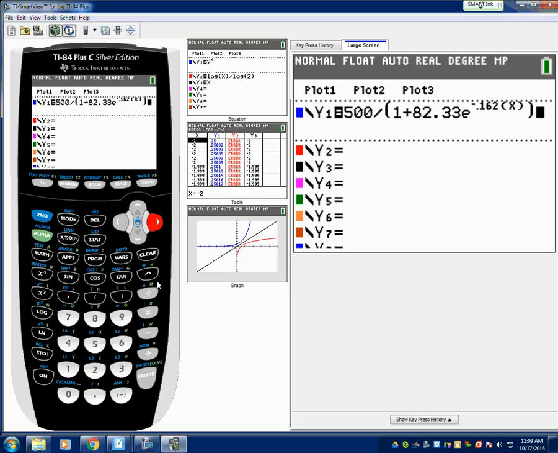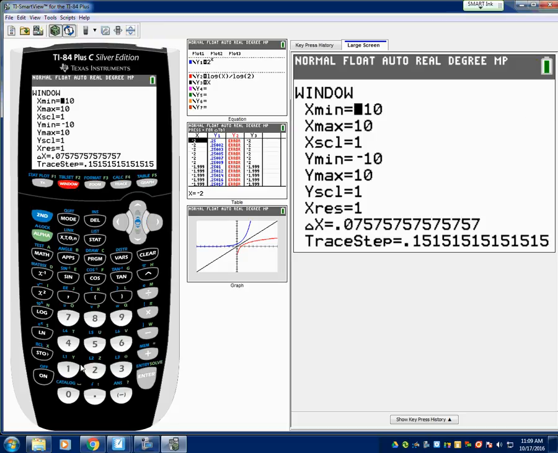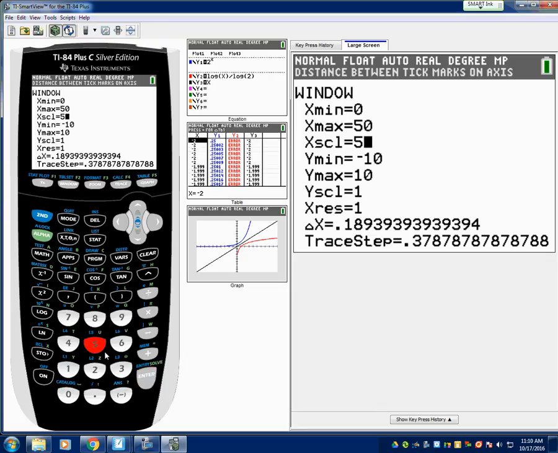So here's what I suggest for a window once you plug that in. Window should go from 0 to 50. The scale, you might want to change the scale to 5s. And then the y-min, maybe go negative 500 to positive 500.